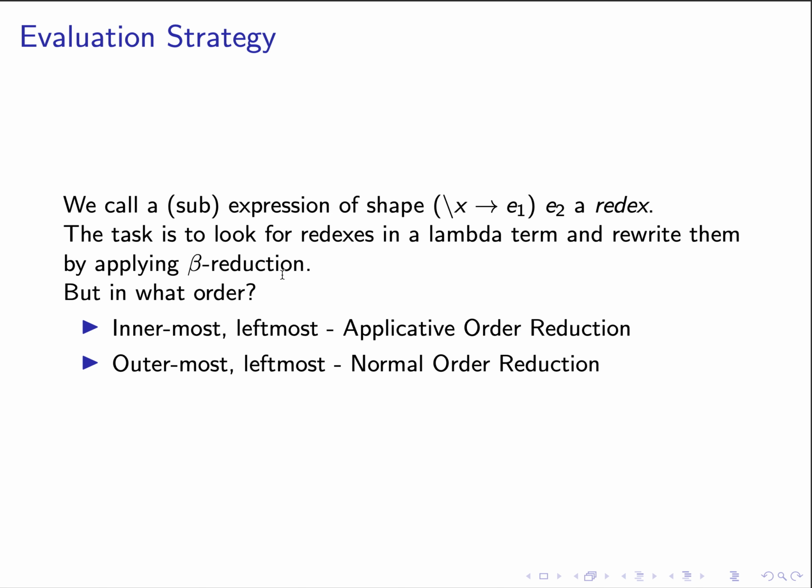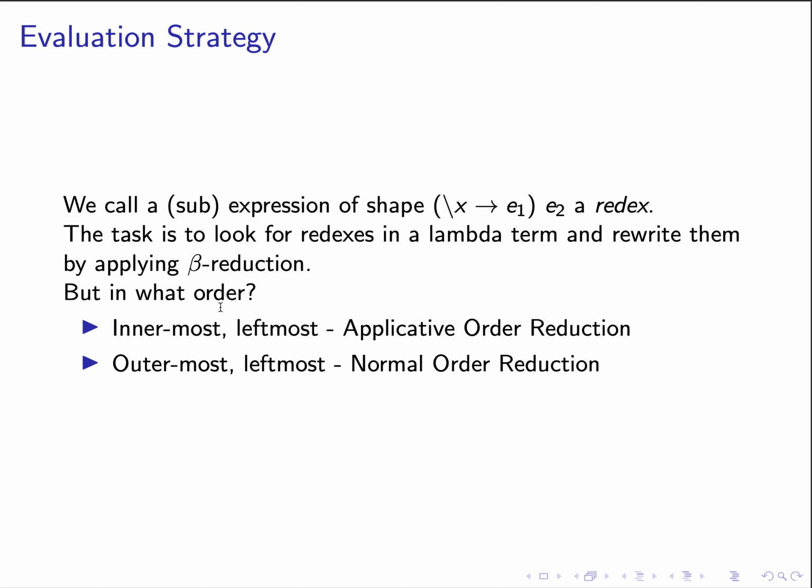But even by doing so, we still have multiple ways of doing that. For example, there are at least two ways of running the beta reduction in case we have multiple redexes that we can spot in a particular lambda calculus program.